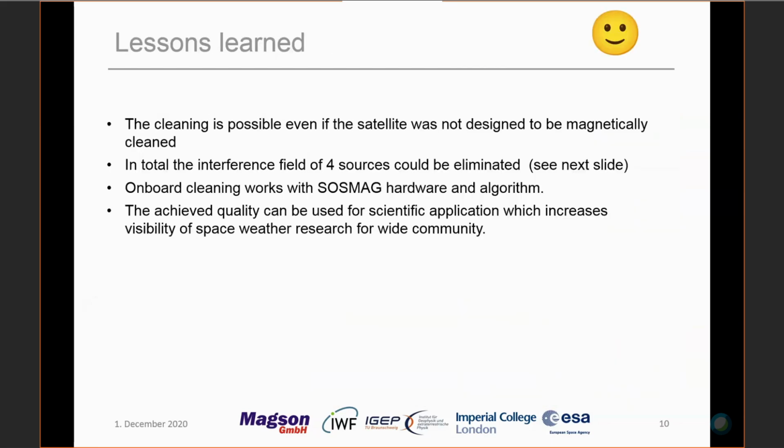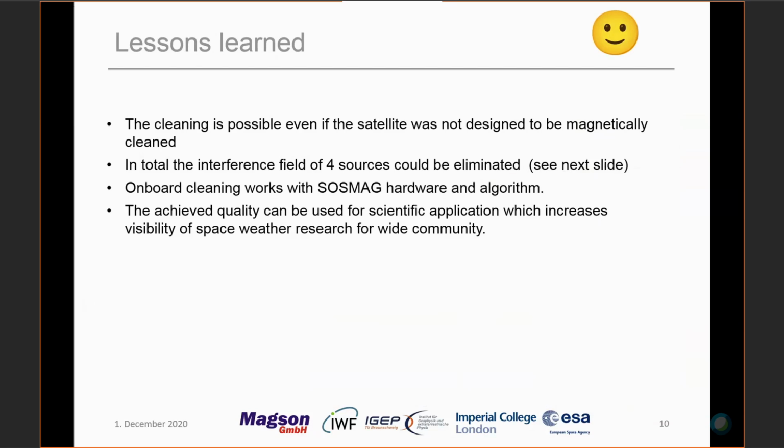So, lessons learned. The good message is that the cleaning is possible even if the satellite was not designed to be magnetically clean. In total, we can eliminate the interference field of 4 sources.